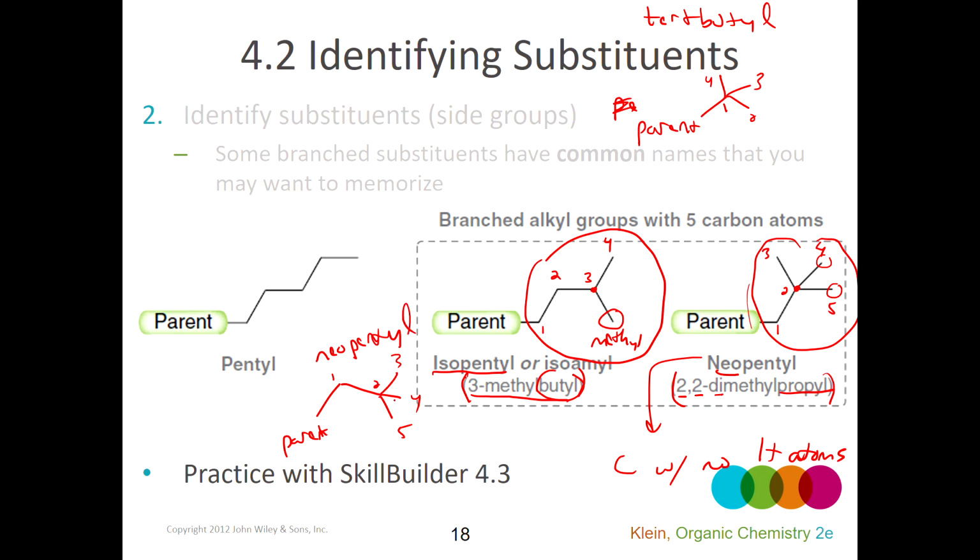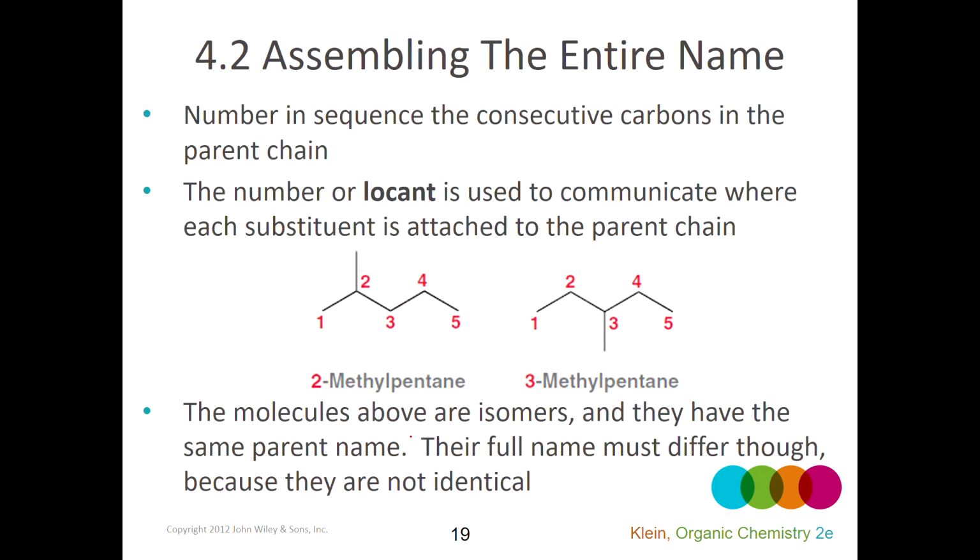So a neopentyl is just like a terbutyl, but there's an extra CH2 separating the parent from the site of all that branching. So hopefully that clarifies some of those common names for you.